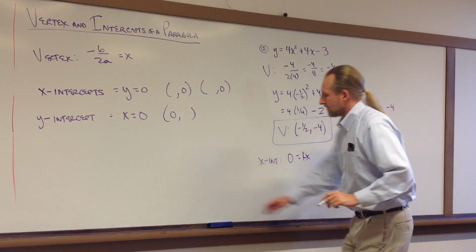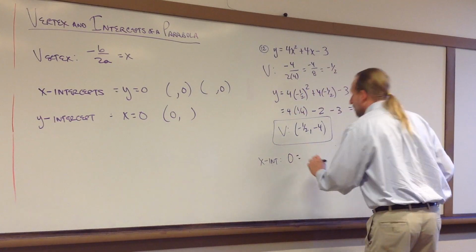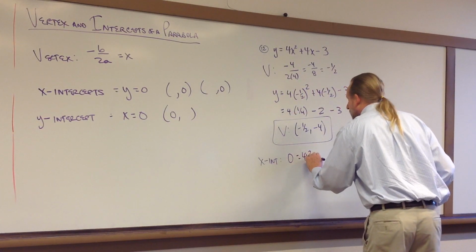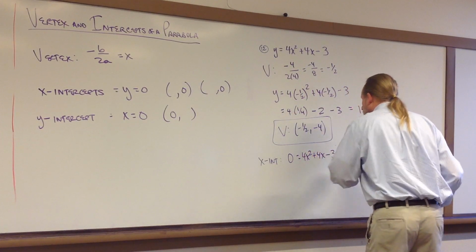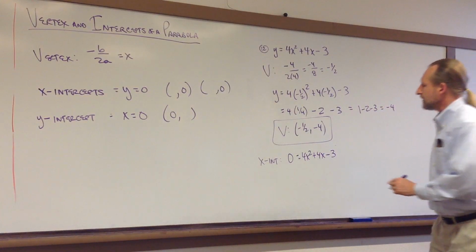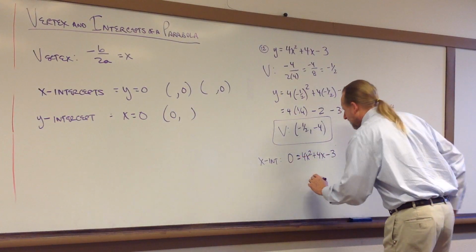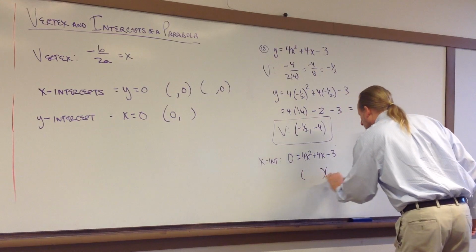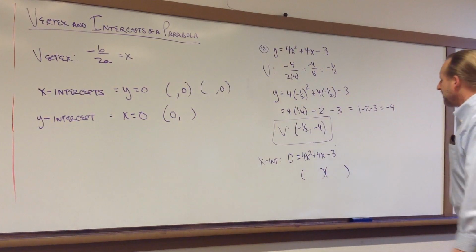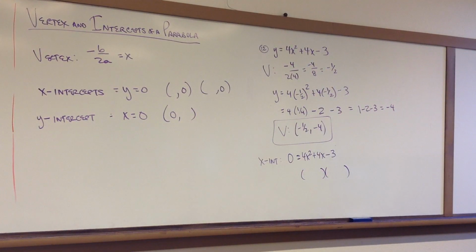So let's set this equation, 4x squared plus 4x minus 3 equal to 0. And again, I think that this one is factorable. Let's see, can we do that? Yeah.